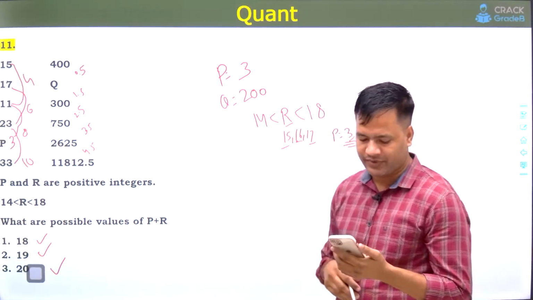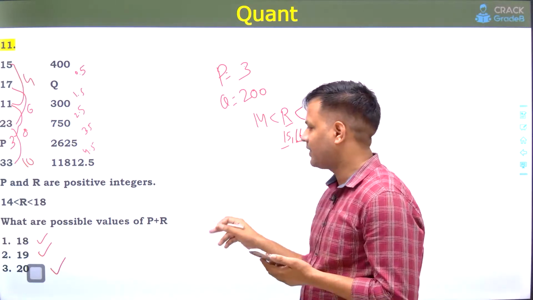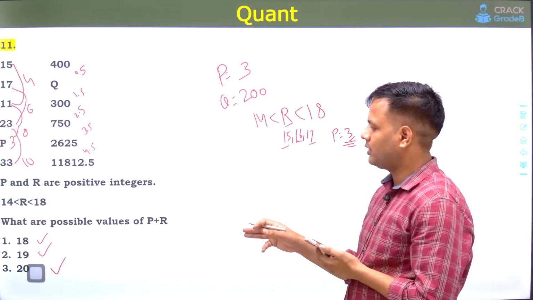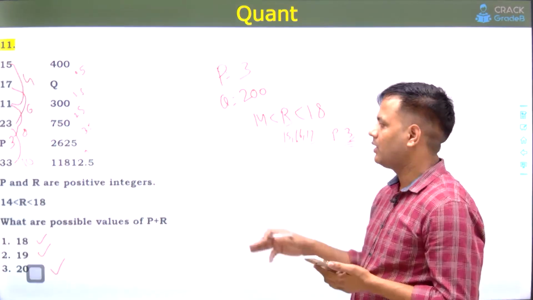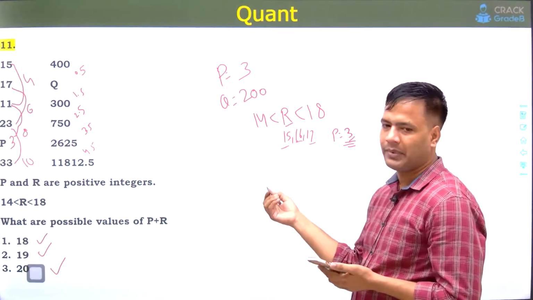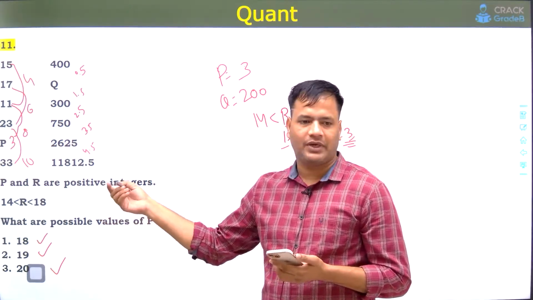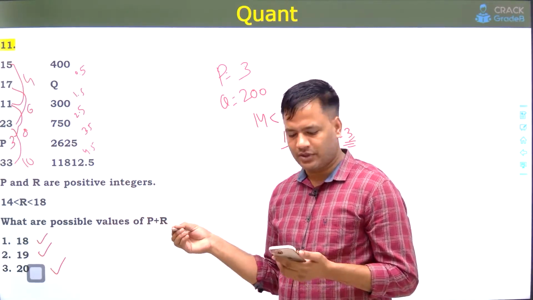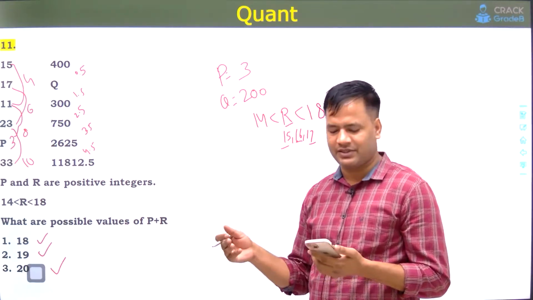So all the three options are correct. Yes, all the three options are correct. All these three options can be the possible value of P plus R. The question was simple. Just you have to use the mind and you have to read what is written. Only a simple question. I mean, I'm not an expert of quant, and I can easily solve this question.